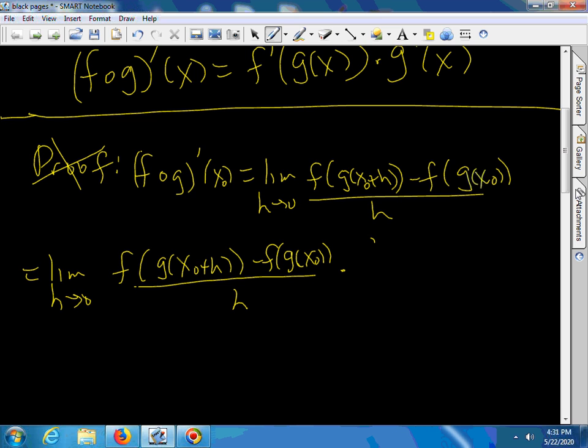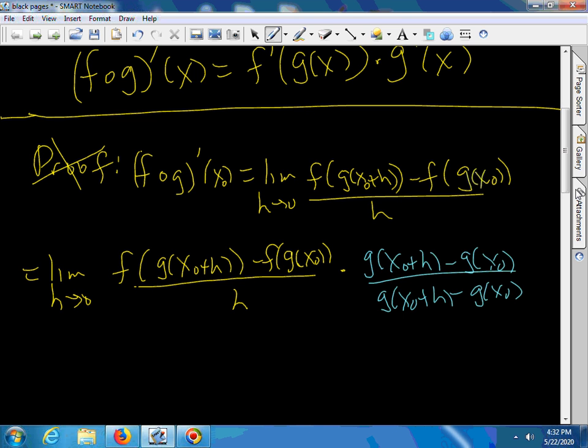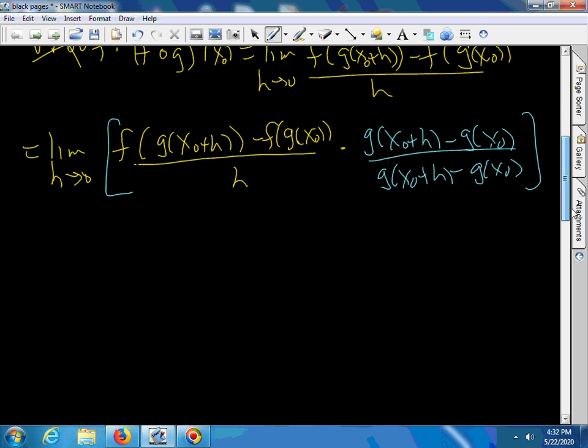They multiply by g of x0 plus h minus g of x0, top and bottom. They multiply by g of x0 plus h minus g of x0 over itself. And they take the limit of the whole thing. And they say this is equal to the limit as h goes to 0.